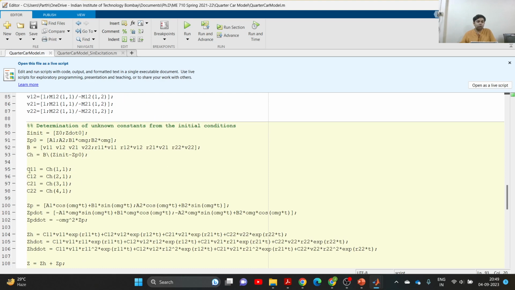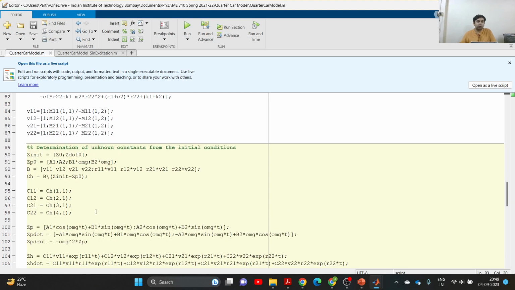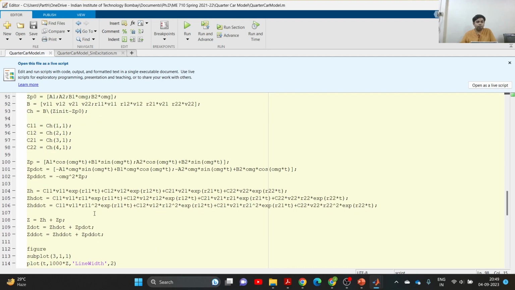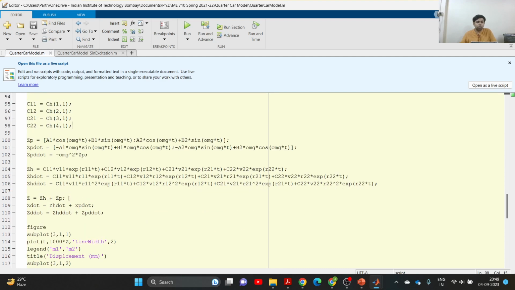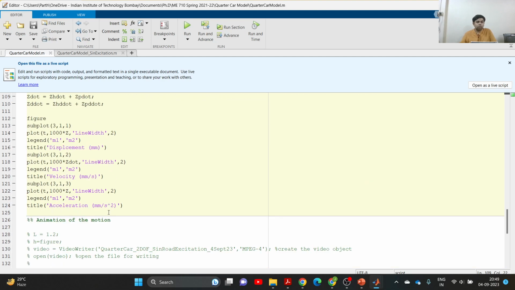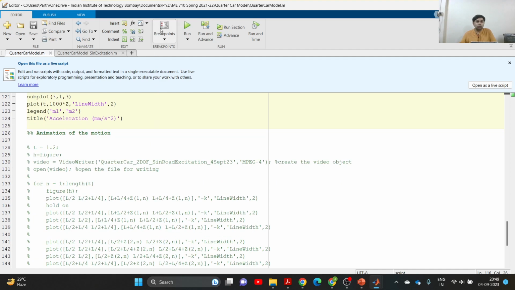We can solve for these unknown constants C11, C12, C21, and C22 using these initial conditions, and then we get the total response as the sum of the solution to our homogeneous differential equation and the particular solution. And here we plot the solution in this form. So let us try to run this code.